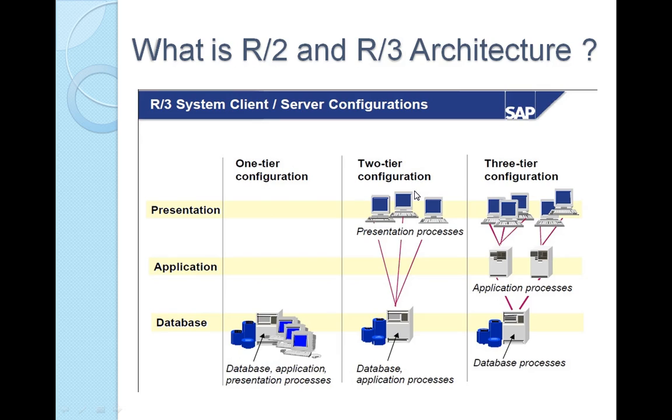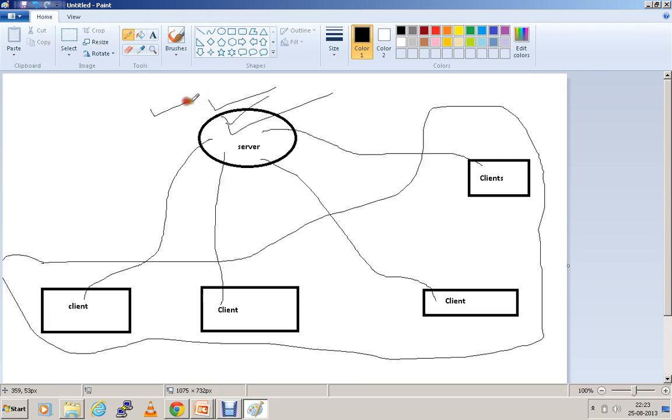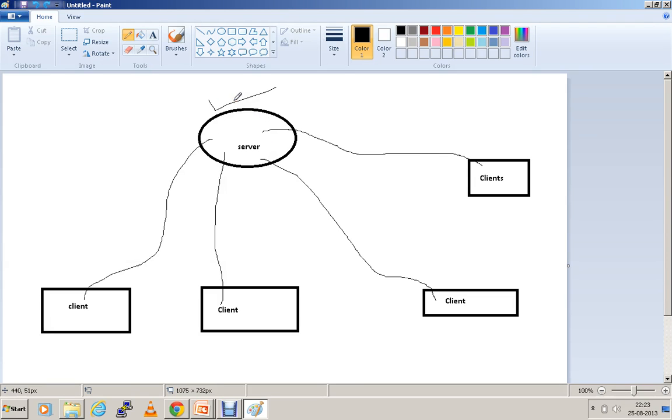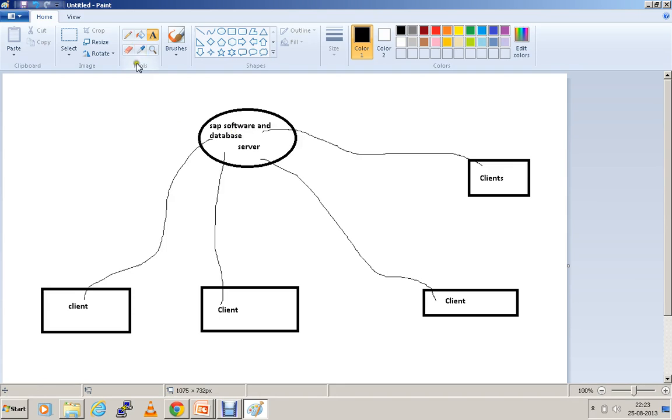When you come to two-tier architecture, database and application are on a single system and presentation is from different systems. Check here. If your SAP application and database are installed, your SAP software and database installed in a single server, this is the server, with SAP software and database installed on it, and clients will access it from workstations or client ends.